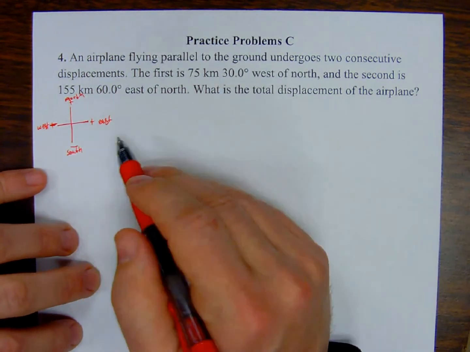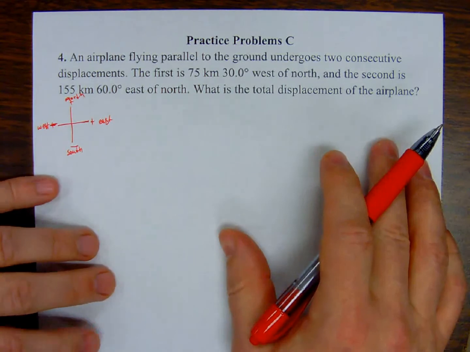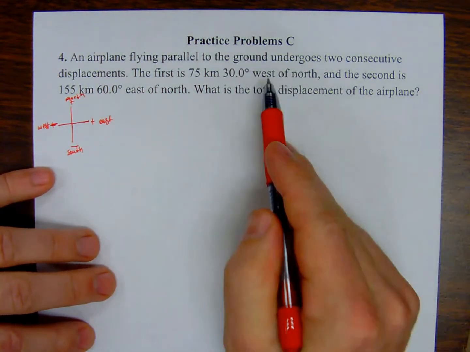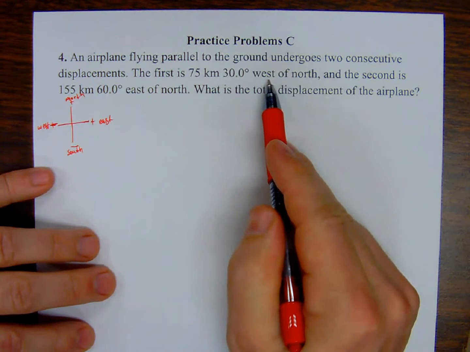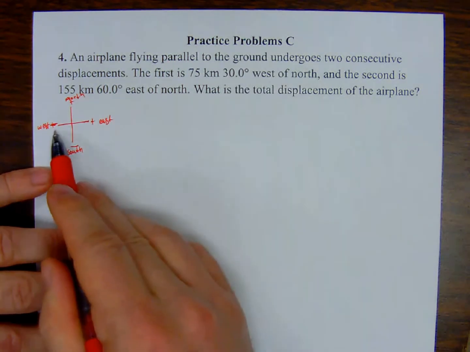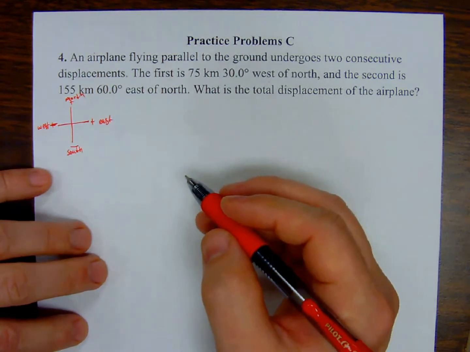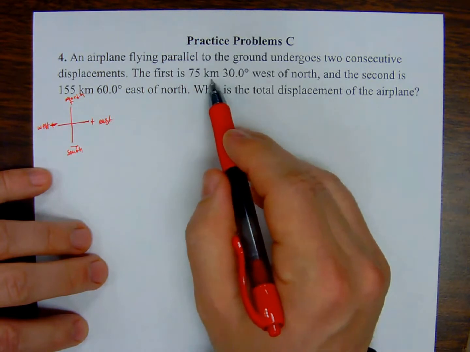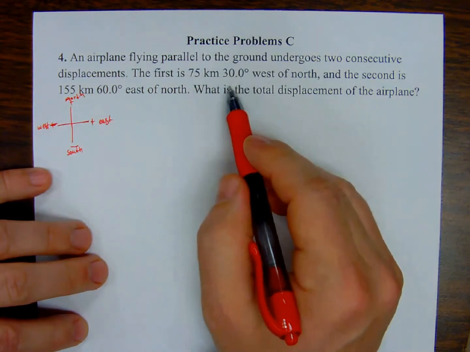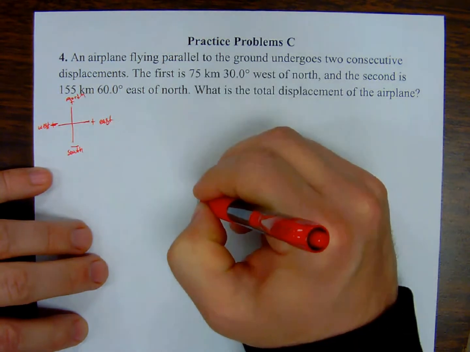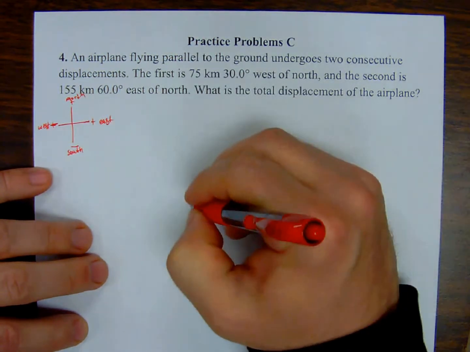Because we haven't done a lot of this, but we got some movement west of north. The way to represent that mathematically is we're going to need that sign convention of the negative. So the first movement is 75 kilometers with an angle west of north. So our triangle, for as far as I can remember, the first time ever, is actually going to be starting out going this way, right?